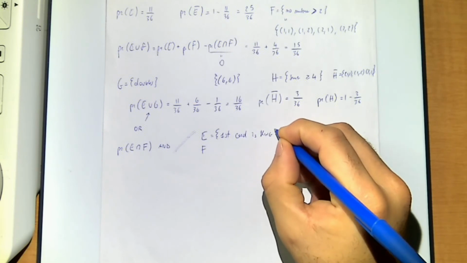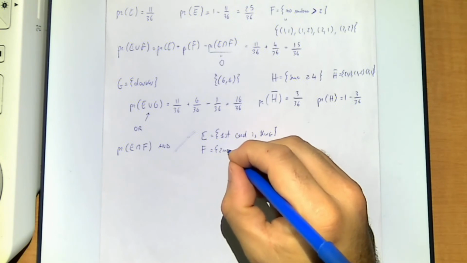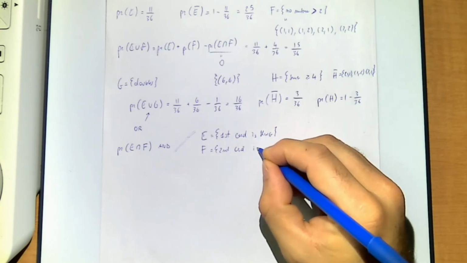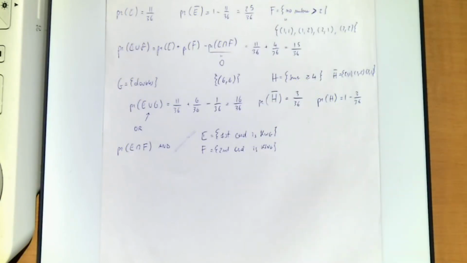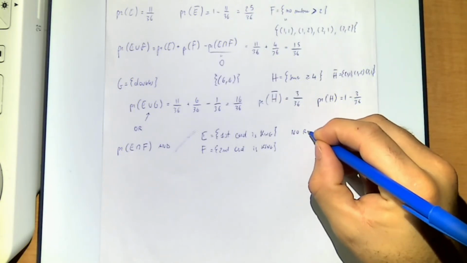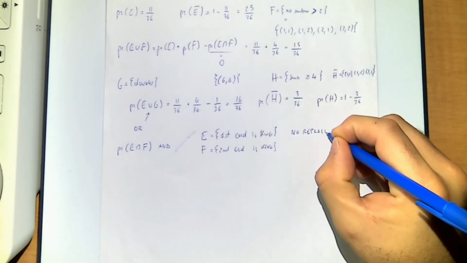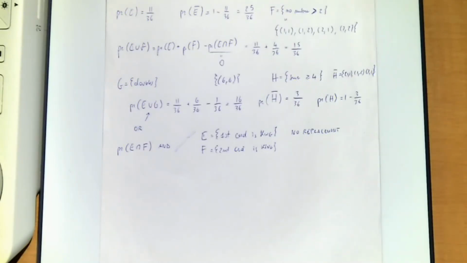King is 13, right? And F is the second card is a king. So I draw 2 cards, and the second card is drawn without replacing. So if I have no replacement, let's see what happens, and then let's see what difference I get if I do replace a card. Okay?